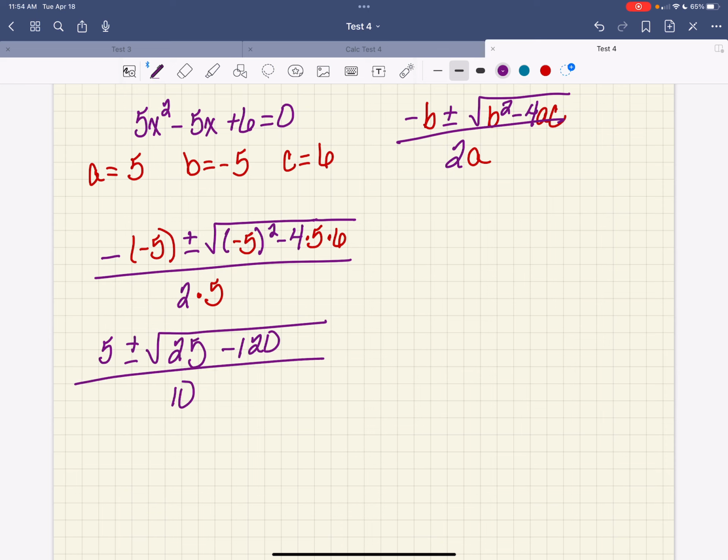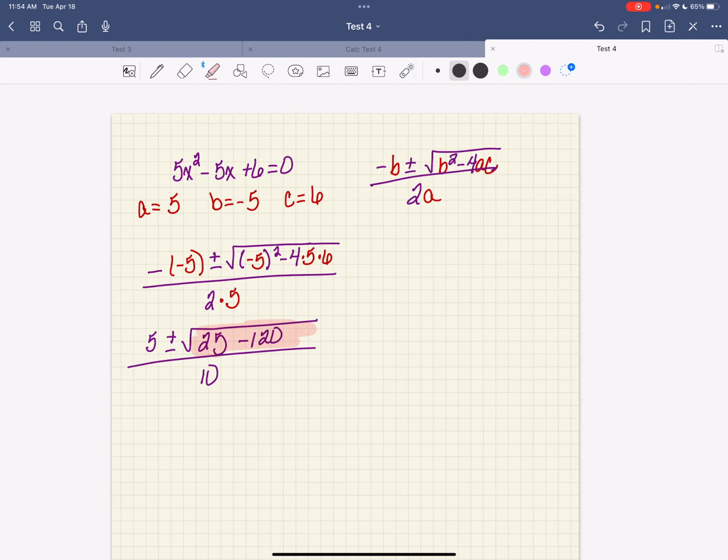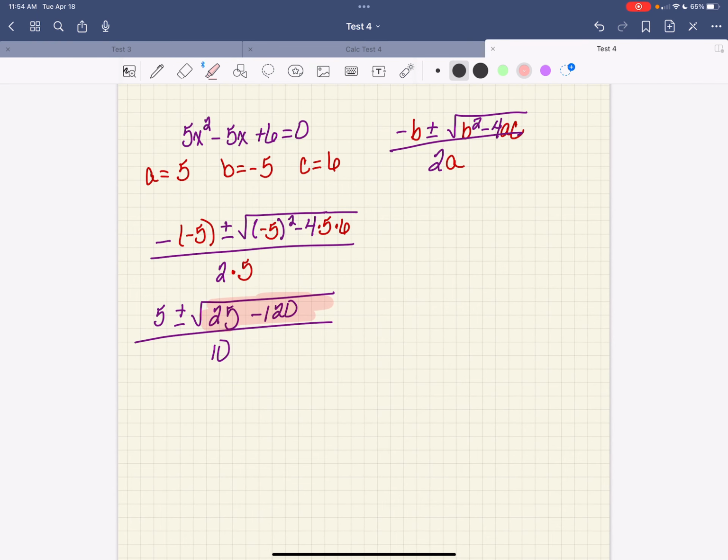Now, subtract this right here for me. Okay, so I end up with a negative value inside the square root.